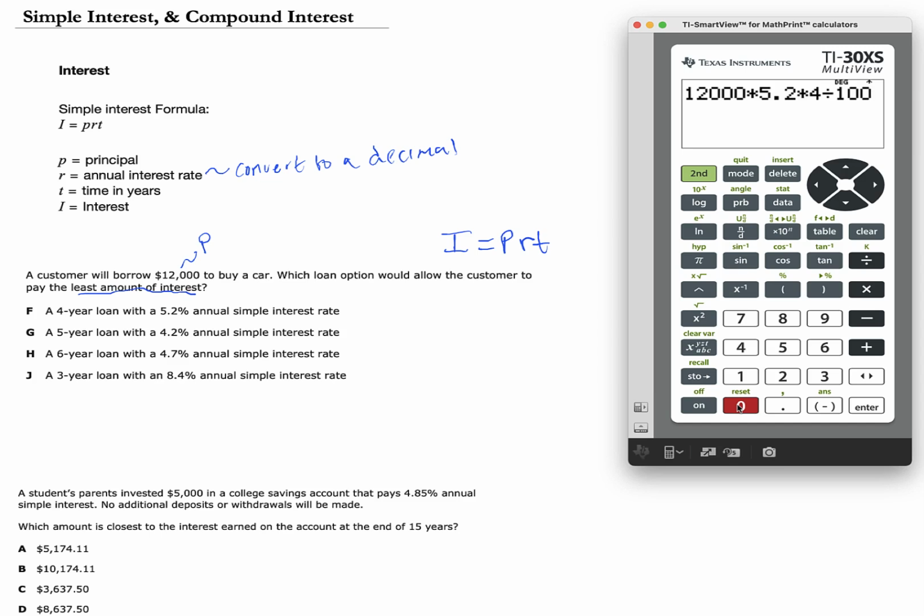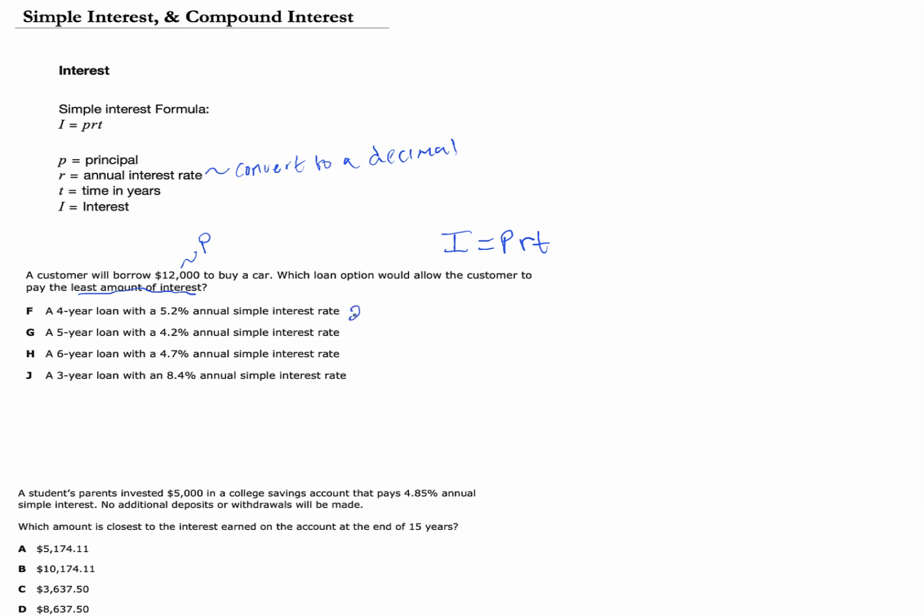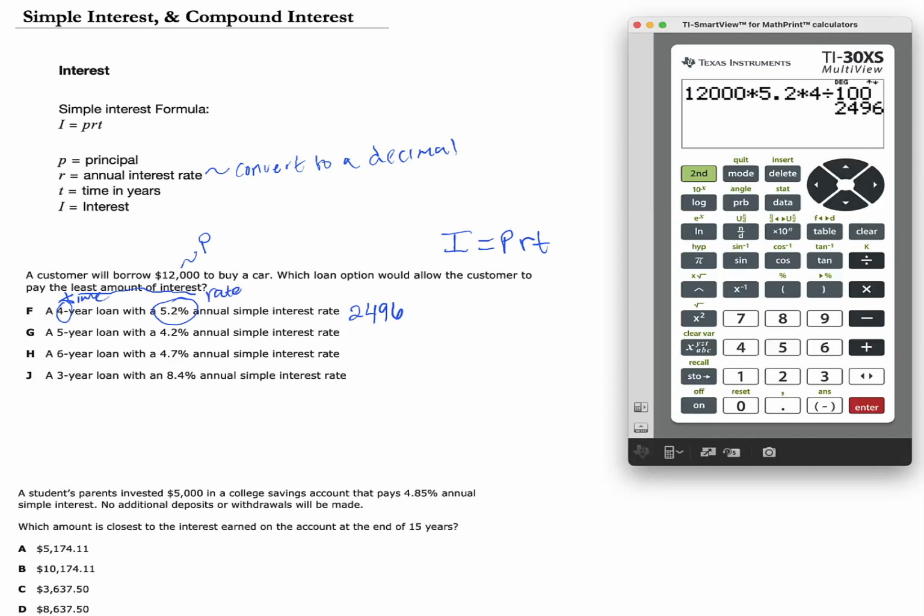Dividing by 100 is going to convert that 5.2%. And I hit enter, and the interest for that is going to be $24.96. So I'm going to write that here, $24.96. I'm also going to write here 4 years is the time, and 5.2% is your rate. And this is your time. Now notice, if you're on the task test, do not clear this out.